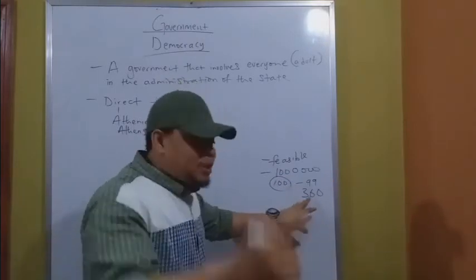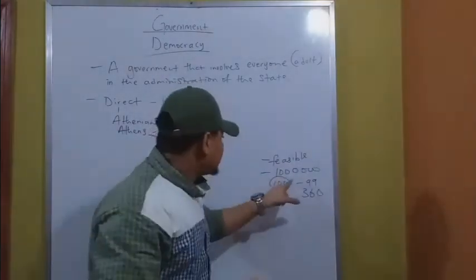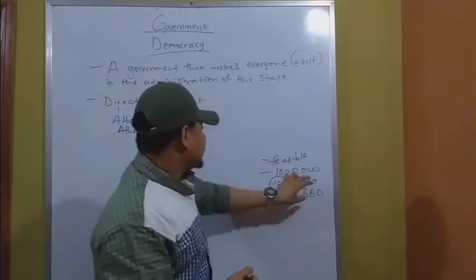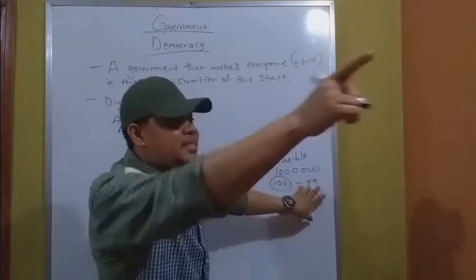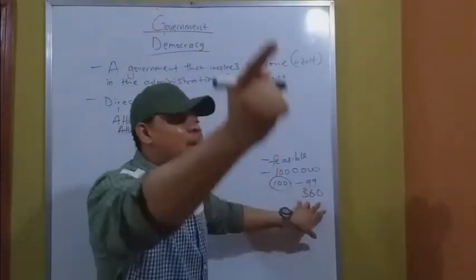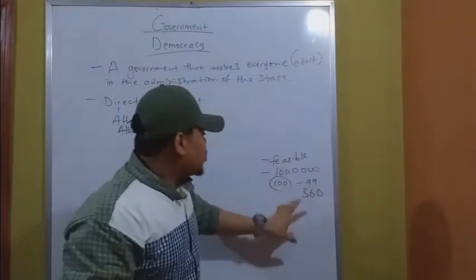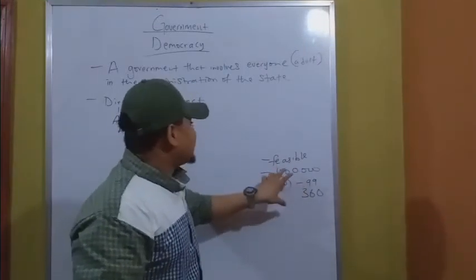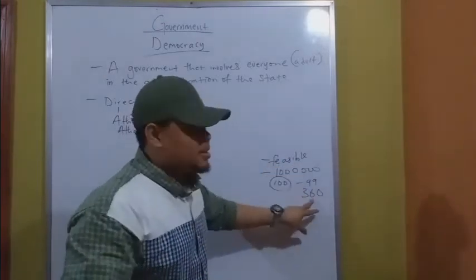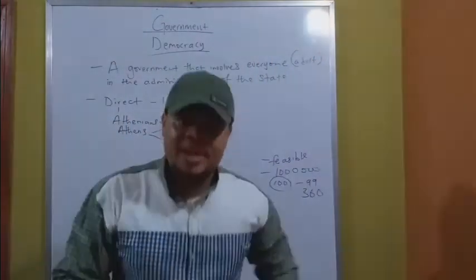Because of indirect democracy, the 1 million will elect the 99 to be in Senate and the 360 to be in what? House of Representatives. Otherwise, 500,000 people would have been in Senate and 500,000 people would have been in the House of Representatives. That will not work. Are you with me?